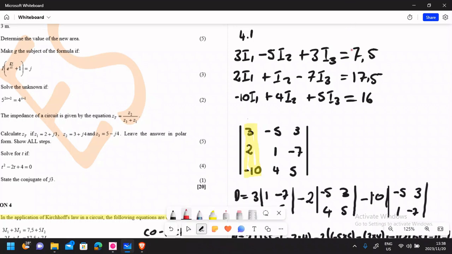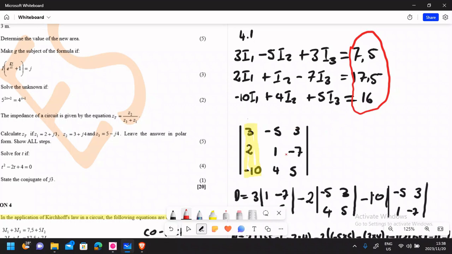You see these constants here, you have to move them where the values or the coefficient of I3 are. Basically what I mean is, instead of writing 3, you must write 7.5. Instead of writing negative 7, you must put in 17.5, and then instead of 5 you're gonna write 16.